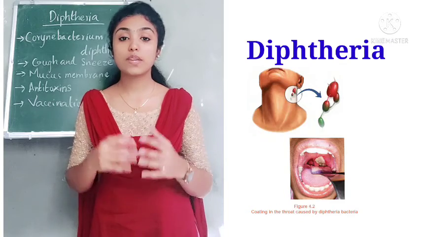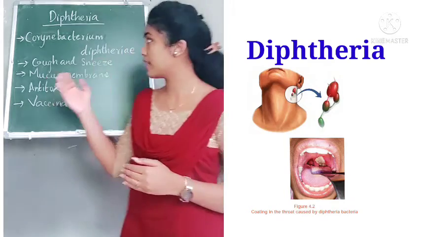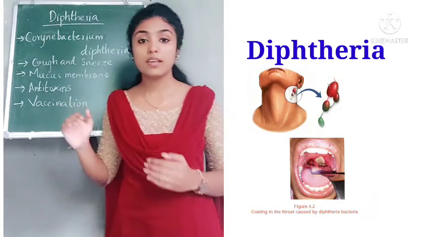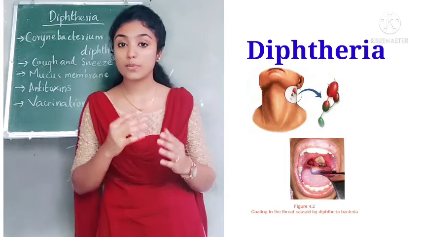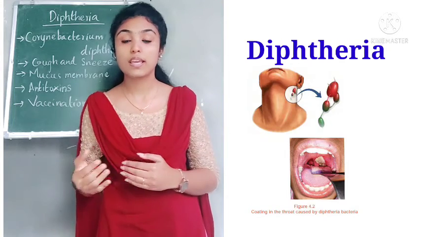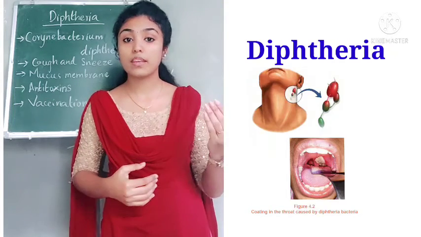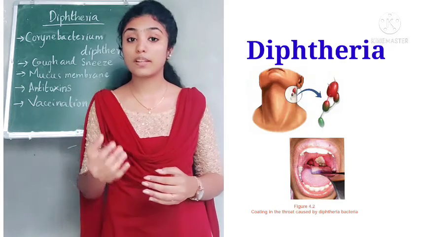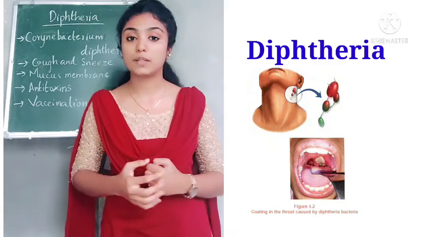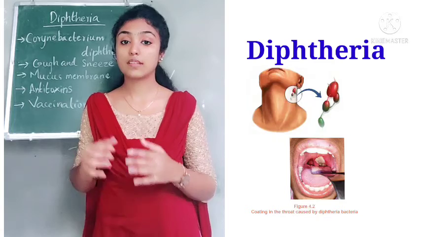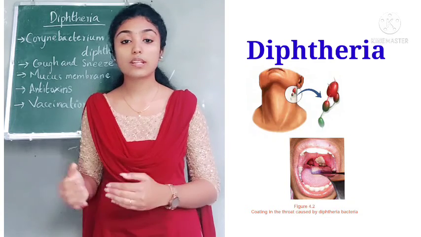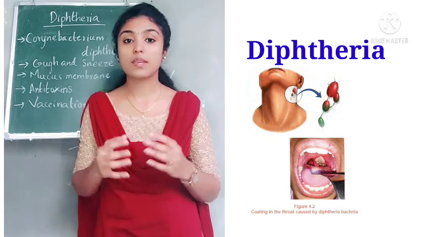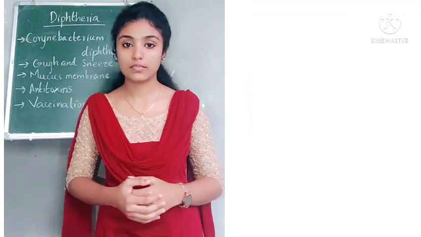That is because when we are infected with this bacteria, Corynebacterium diphtheriae, it destroys the cells of our mucous membrane, and within a few days it may also affect our brain, heart, kidney, all these important organs. So finally we cannot recover that patient, and it may lead to death.